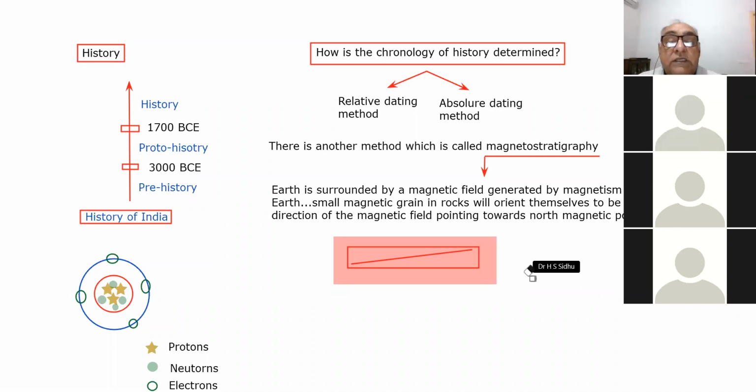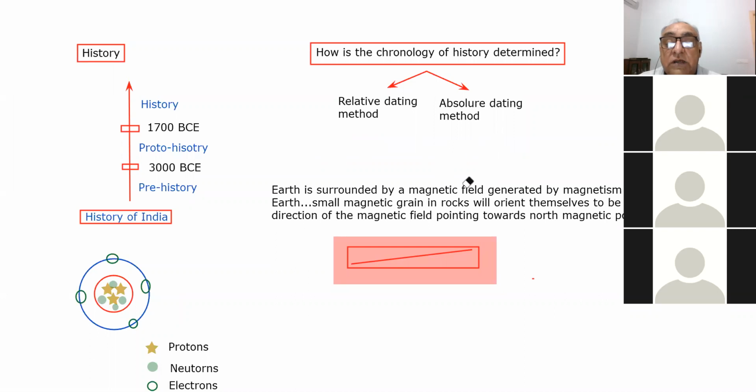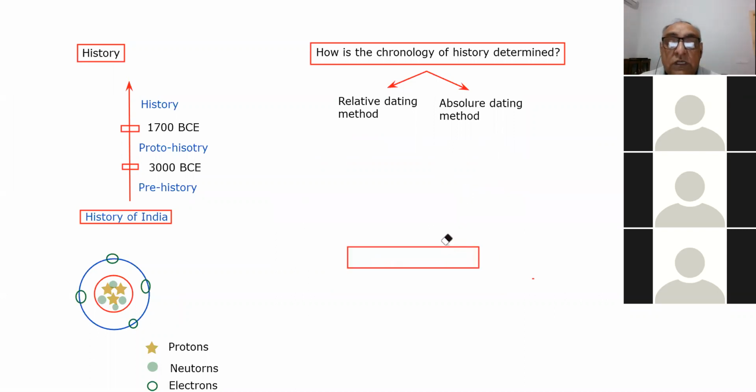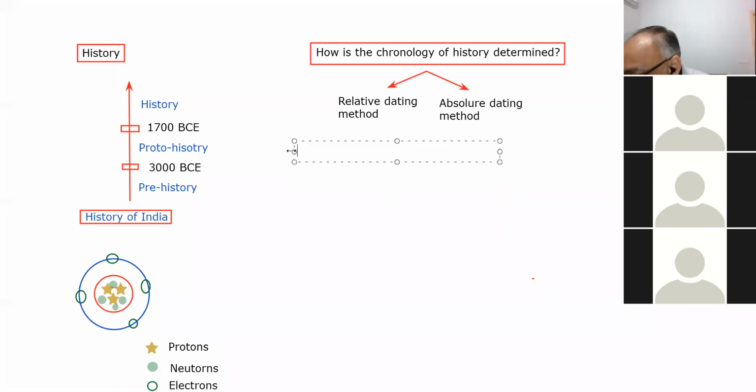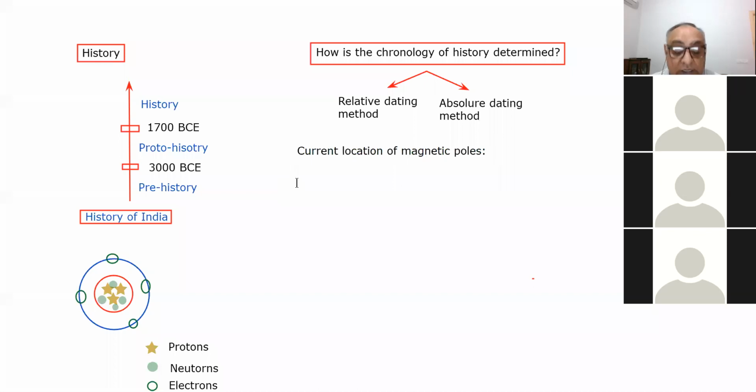Okay, so beta, now the next important thing is the current location of the magnetic poles, right? 2020 की है ये current location of magnetic poles कहाँ है? If I take the north magnetic pole, इसकी current location आज कहाँ है?